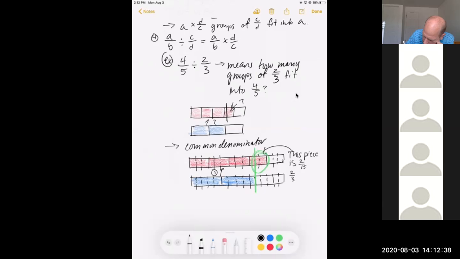Two-thirds is 10/15, right? We counted those right here, 10/15. So how much of the 10/15 group size is that 2/15? So the piece is 2/10 of the 10/15, or the 2/3.